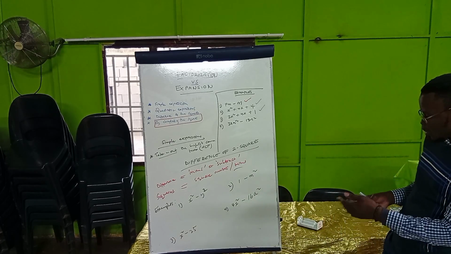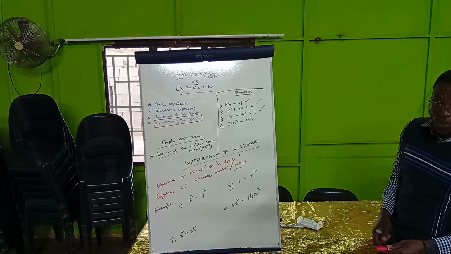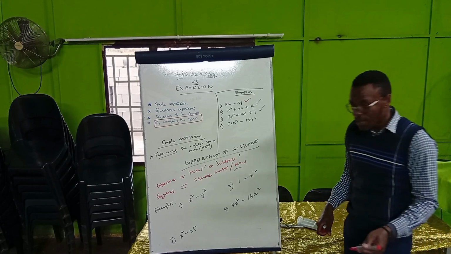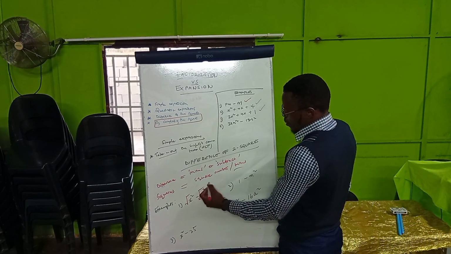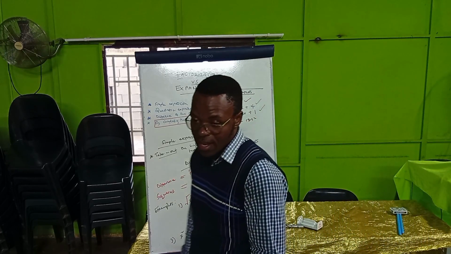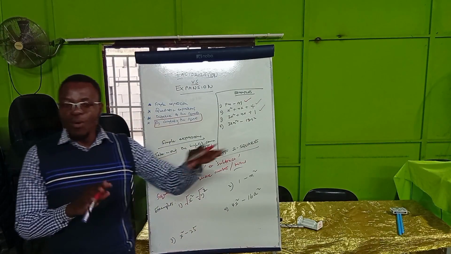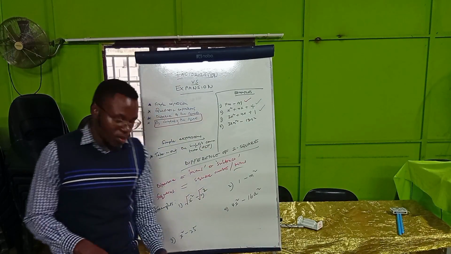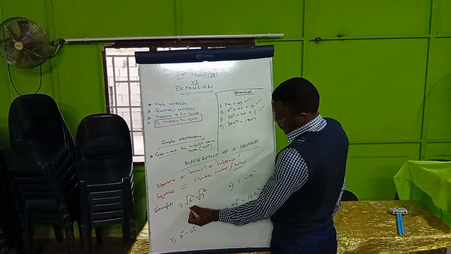Now, how do we solve such cases? So this is what you do. You simply find the square root of the first term and find the square root of the second term, and then write them as a double bracket with opposing signs. What do I mean? What's the square root of x squared?